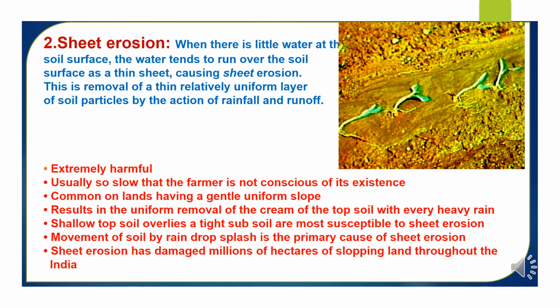Shallow topsoil overlying a tight subsoil is most susceptible to sheet erosion, and movement of soil by raindrop splash is the primary cause of sheet erosion. This is the advanced version of rain splash erosion. Sheet erosion has damaged millions of hectares of sloping land throughout India. So this is the main erosion type.